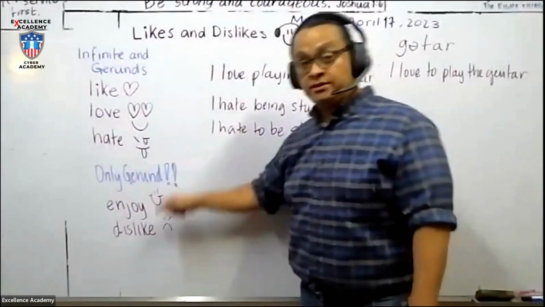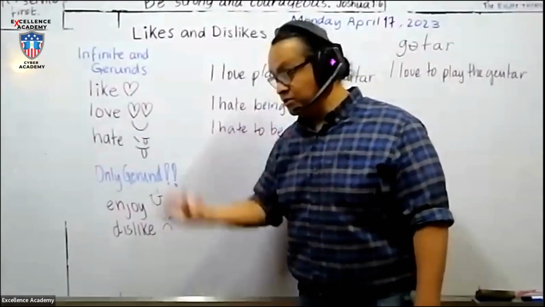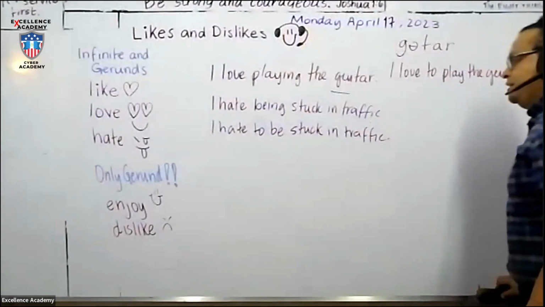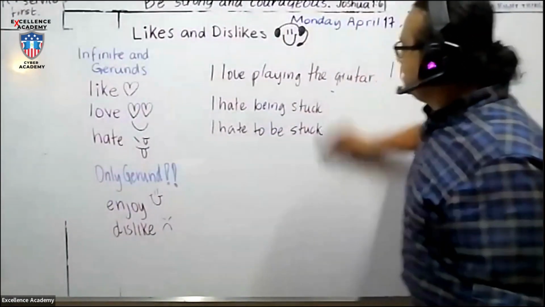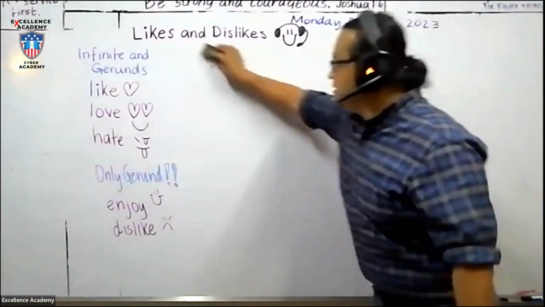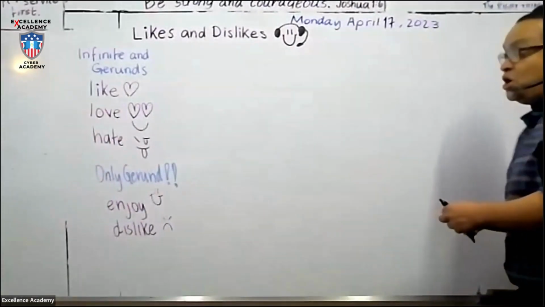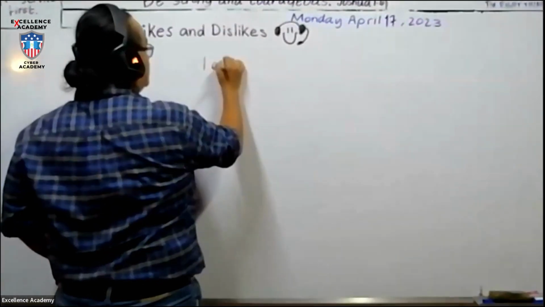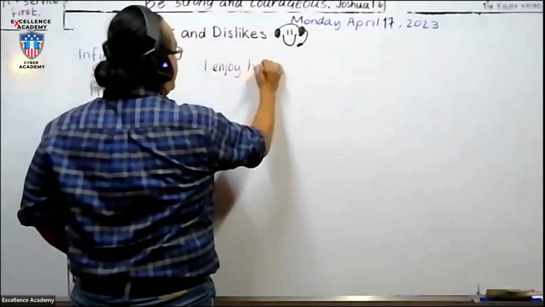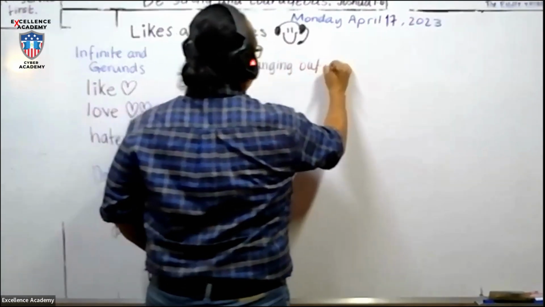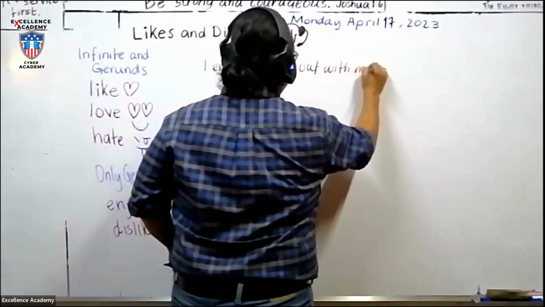Okay, now let's take a look at these gerunds. When you talk about enjoy or the verb dislike, only the gerund. So here, let's talk about stuff that you enjoy doing. For instance, I enjoy hanging out with my buddies.